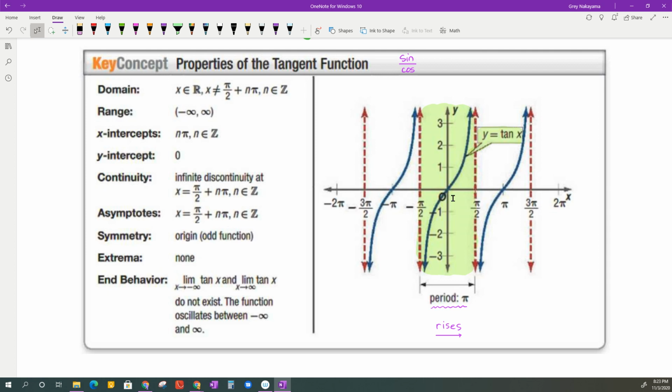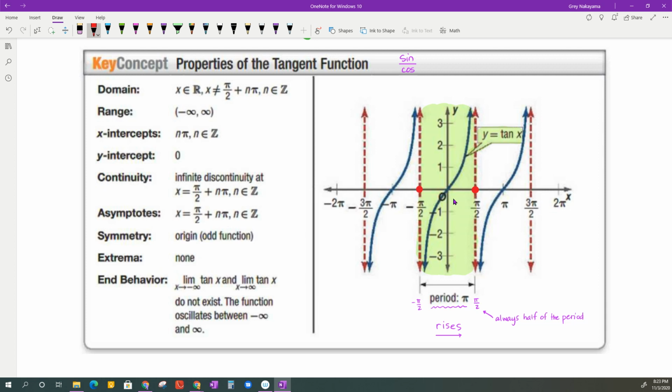Your period is pi, and when you want those key points, you need to know, first off, where the asymptotes are. If you notice, these asymptotes are at negative pi over 2 and pi over 2. The pi over 2 on the right is always half of your period. So whatever period I have, I go to half of that and label it 1 point.